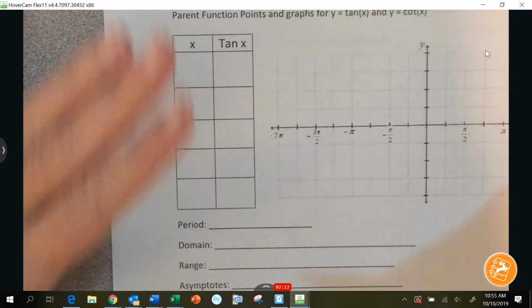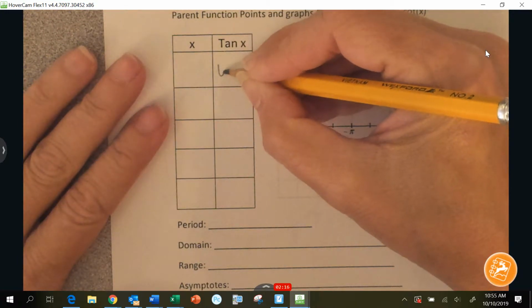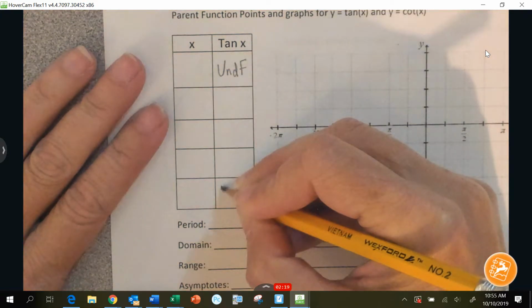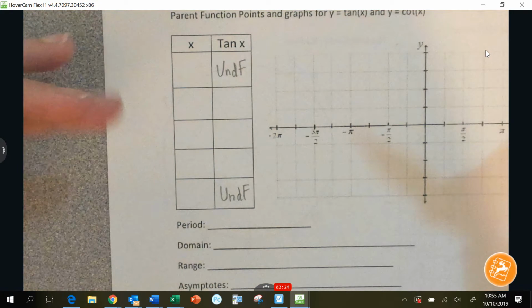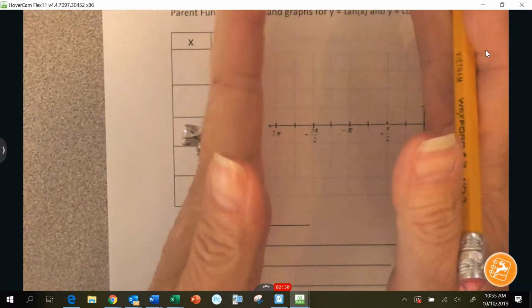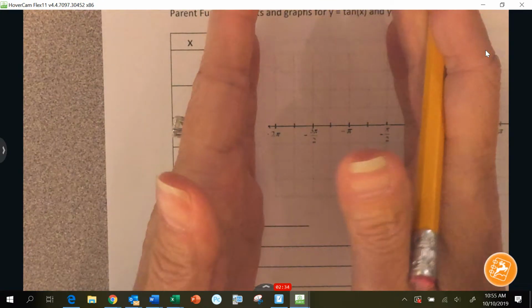For tangent and cotangent, we like to use key points that start at undefined and end at undefined. Because what will the undefineds be on the graph? That's right, asymptotes. So if we find the two asymptotes, then we can graph tangent in between them, just like we did for cosecant and secant.